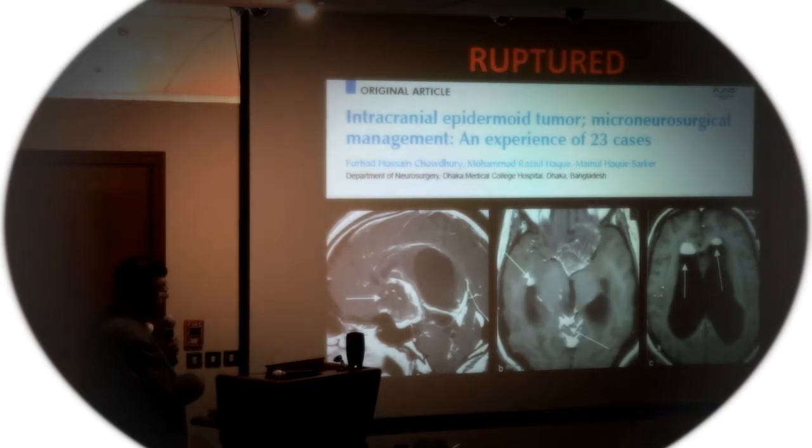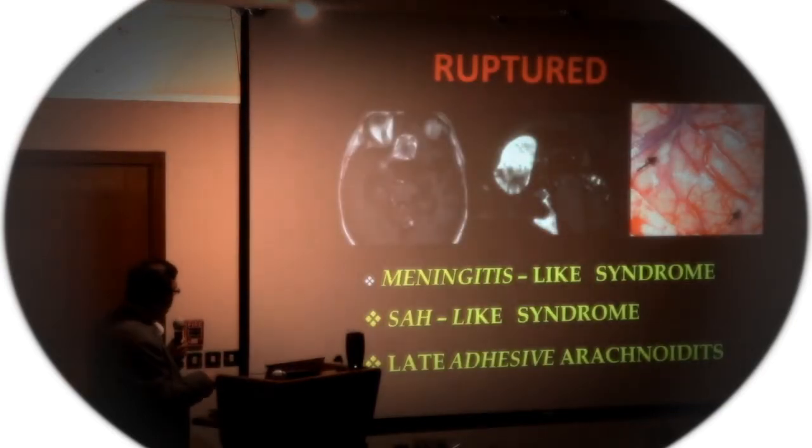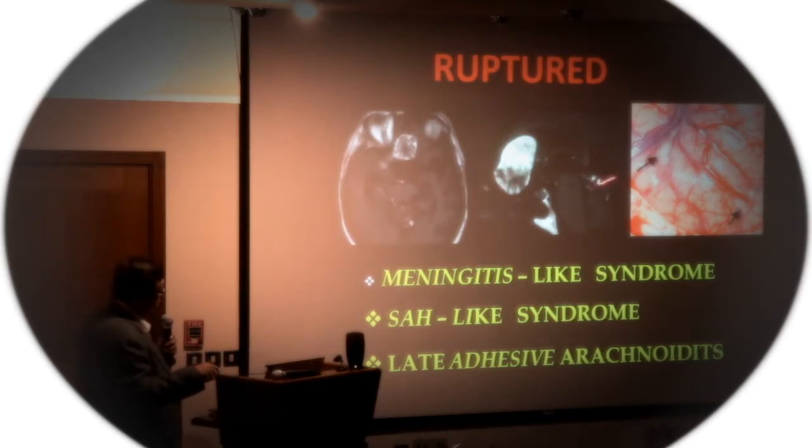Can they rupture? Yes, they can. And when they rupture, usually they are fatal or cause severe meningitis. This is the thing that ruptured, and this is the fat tissue disseminated through the subarachnoid spaces. This is one of the cases reported, and I respond by giving you one of my cases, like this.